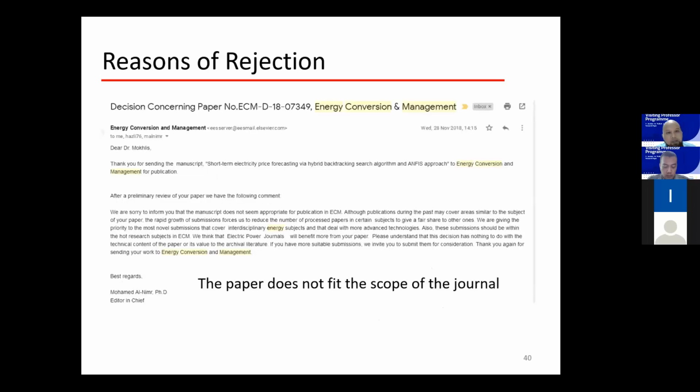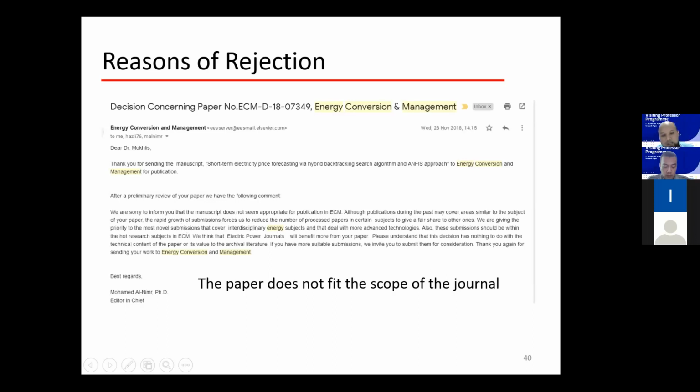Okay, an example of a reason for rejection. This is my own student. So you can see the paper does not fit the scope of the journal. They say here, we are sorry to inform you that the manuscript does not seem appropriate for publication in Energy Conversion and Management because it may cover areas similar to the subject of your paper.